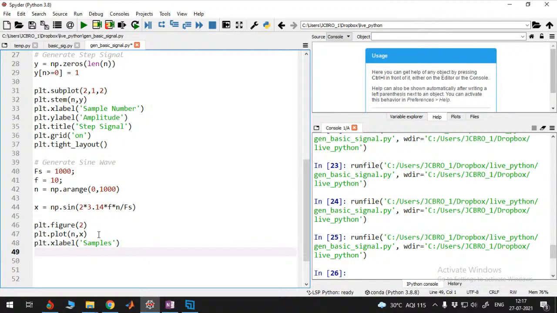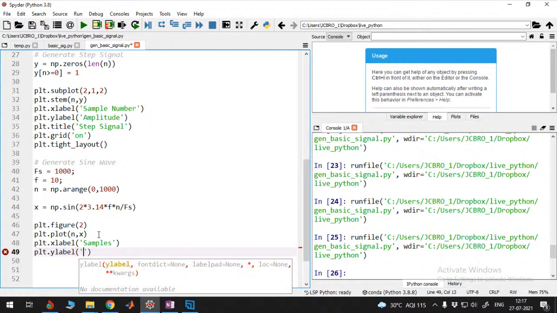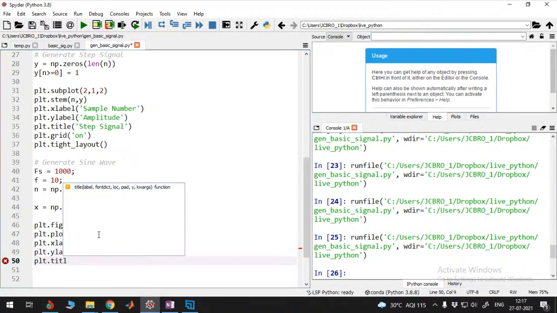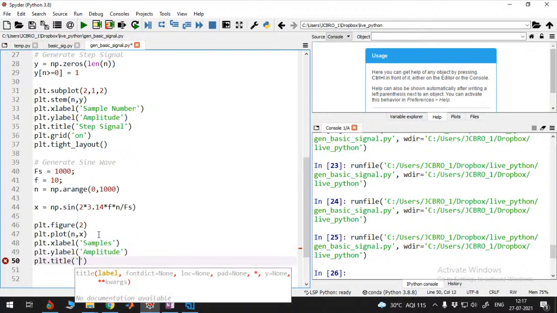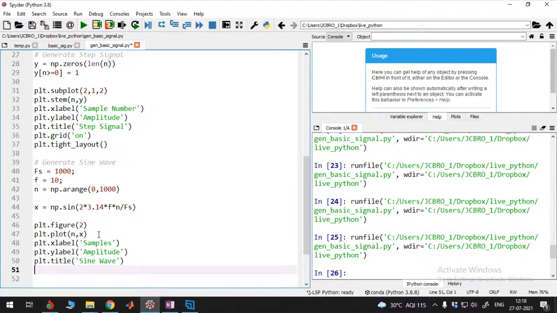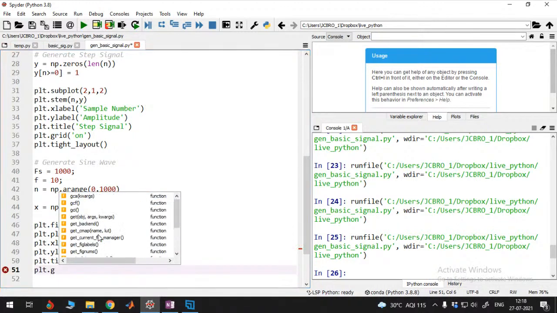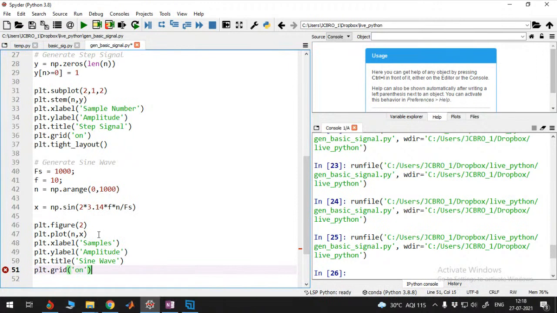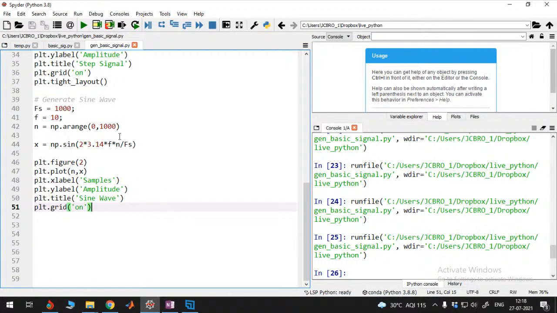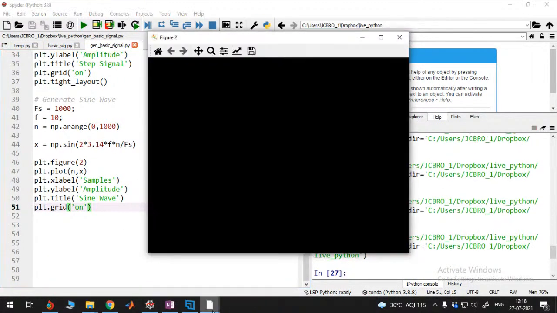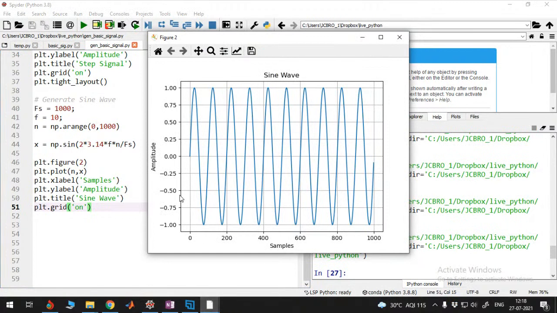Right now we cannot specify whether it is time in seconds or not, and plt.ylabel as amplitude, and then plt.title as sine wave, right? And plt.grid. Okay, everything looks fine. Let's run it. Okay, you have seen a clear sine wave. So right now they are the samples here.